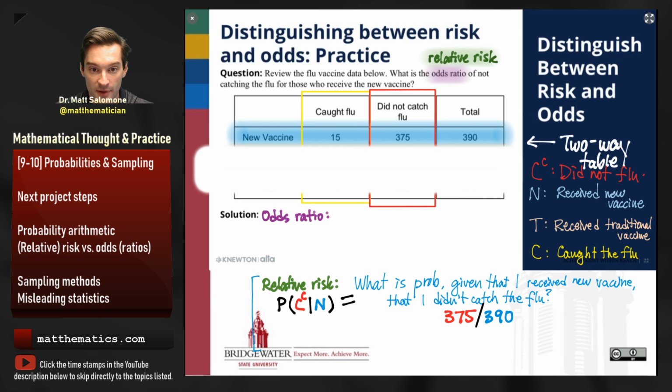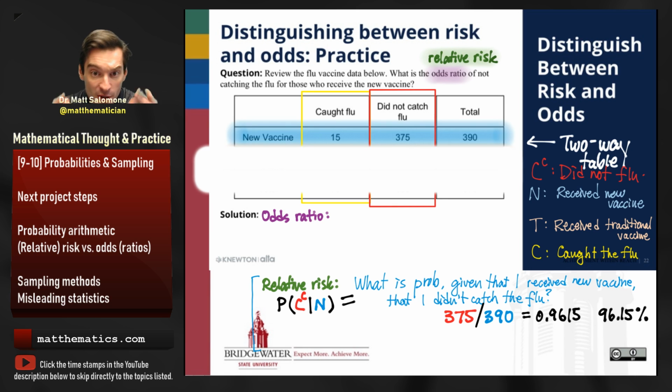Of course, I can't do that arithmetic off the top of my head, so I'll pull out a calculator. 375 over 390 gives me 0.9615. I'll round it to just those 4 decimal places. Or if you like, that's 96.15%. So if I received the new vaccine, there's a 96.15% chance that I didn't catch the flu.